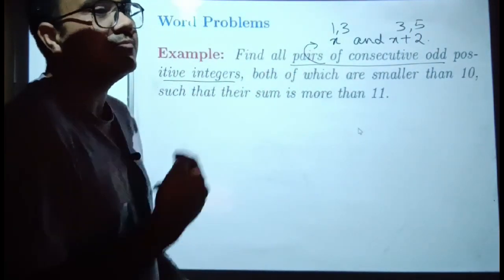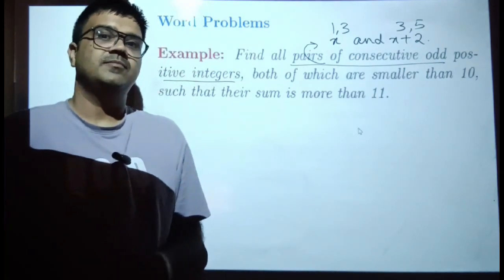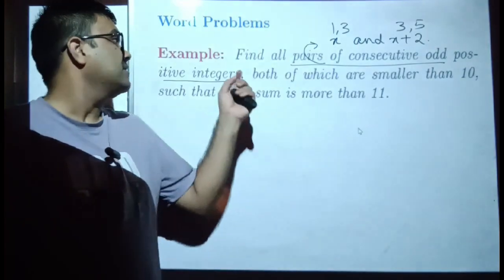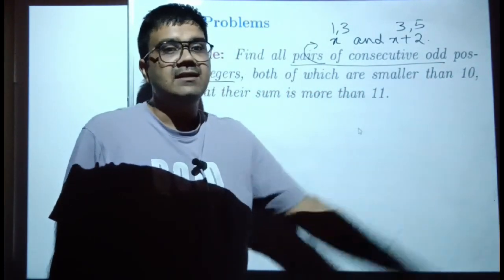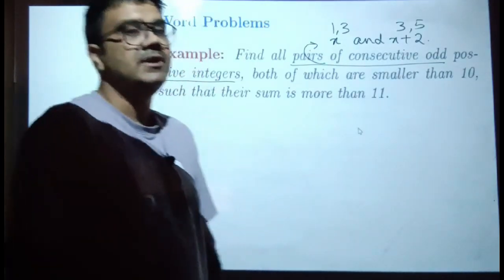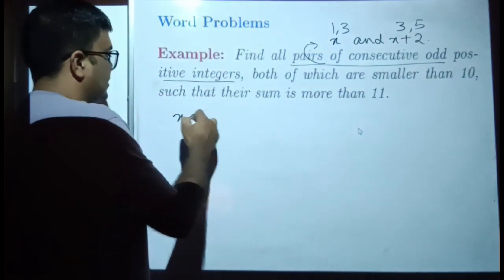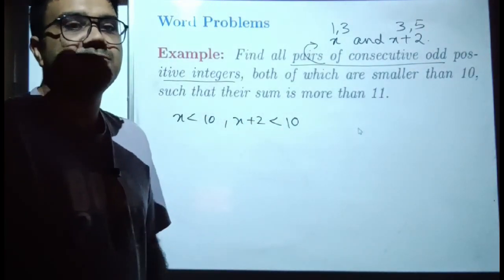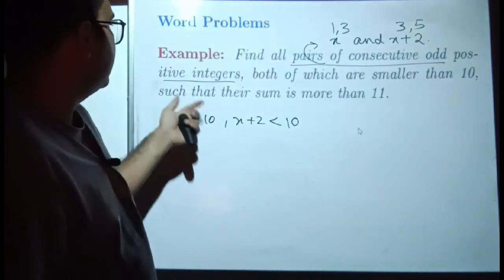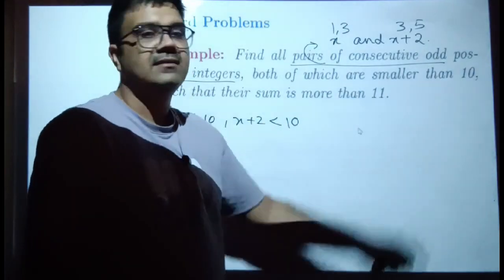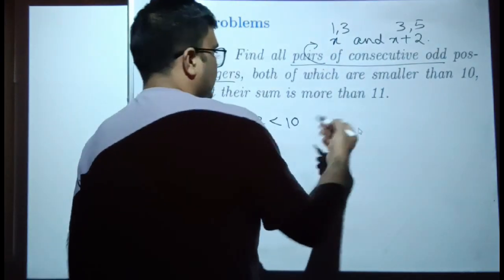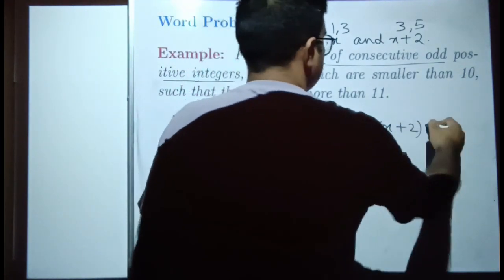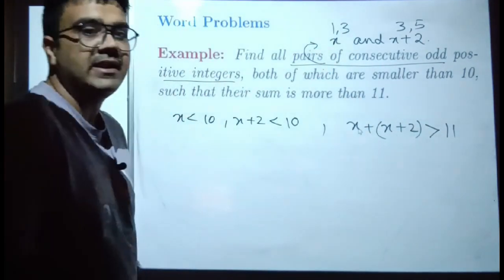So if x is an odd number, the next positive odd number will be x plus 2. Both of these values should be smaller than 10, and such that their sum is more than 11. We want to find the odd numbers.